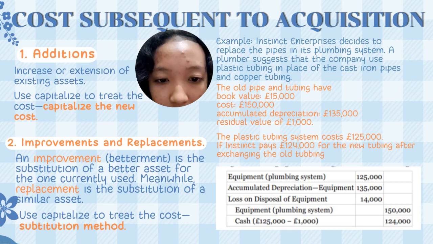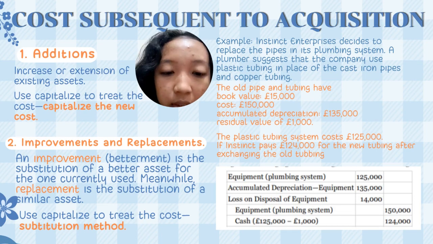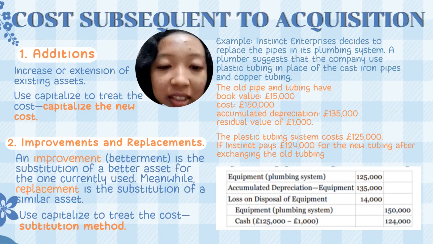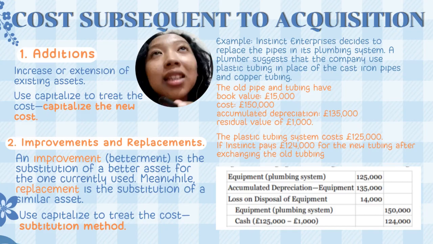And then, because the book value of the old asset is 15,000, minus the residual value of 1,000, the remaining value is only 14,000.